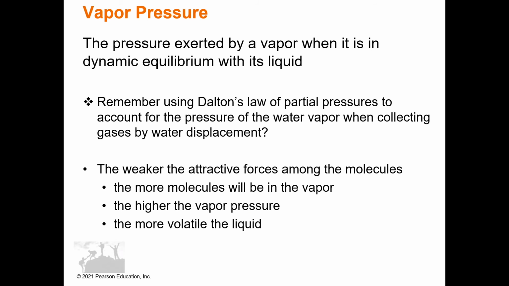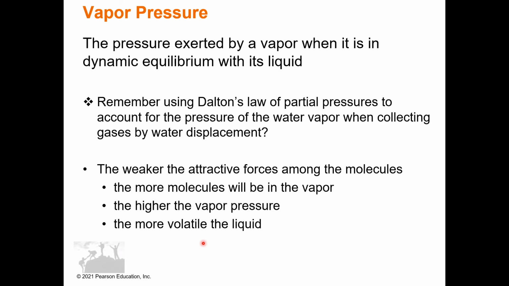Now think back to the chapter with the different gas laws and the ideal gas law. Any vapor exerts a certain amount of pressure on the inside walls of the container that it's in and on the liquid that's below it. So, which liquids exert a lot of vapor pressure? Well, they're going to be the ones that are more volatile.